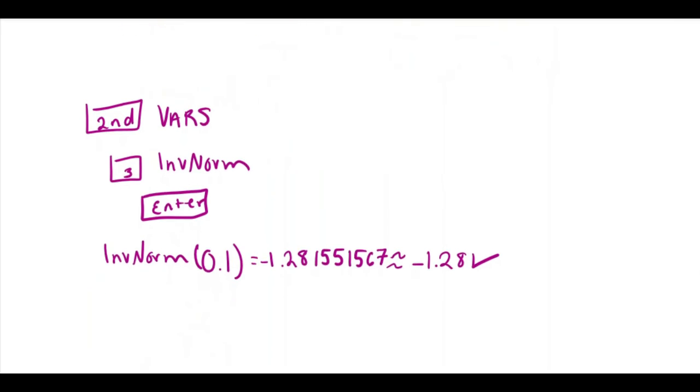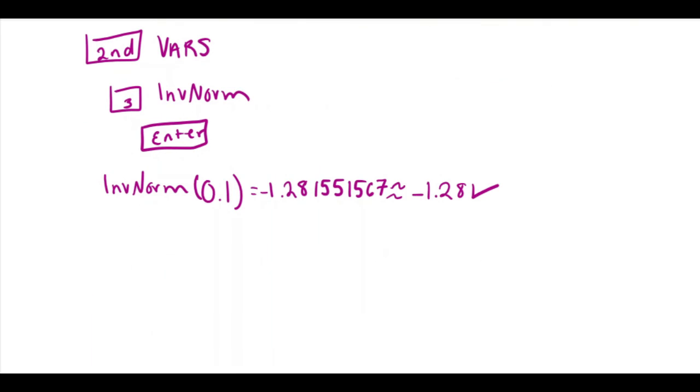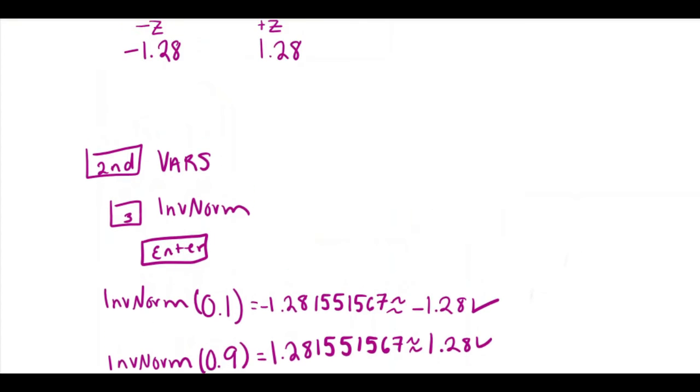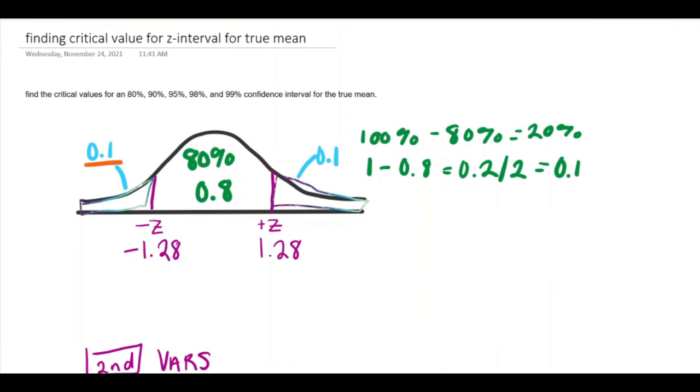So now if we do our upper z-score, our positive z-score, if we do invert norm, and we put in again that area below, so that's going to be that 90%, we are going to get positive 1.281551567, which again rounded to 2 decimal places is going to be 1.28, which again checks out by calculator and by hand with the z-table.